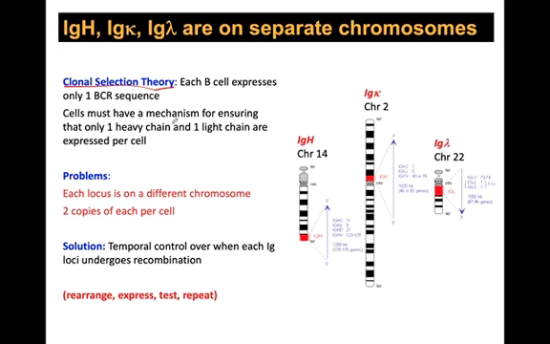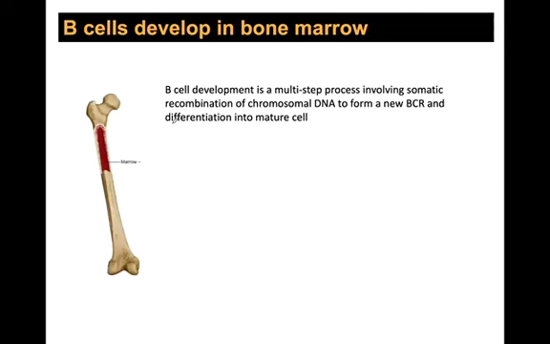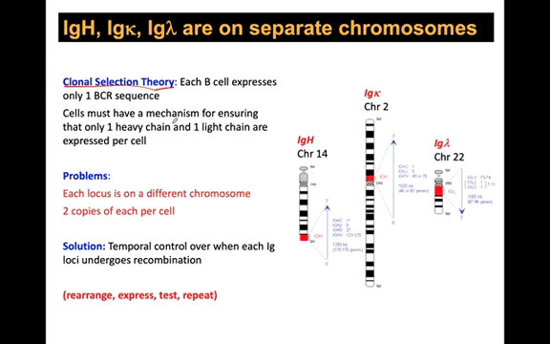But the problem is because these are all different chromosomes and you have 2 copies of each loci per cell, you actually have to have a system for testing, did I get a complete sequence? Okay, and we'll come back to that when we go through B cell development. And so the idea here is that you've got to maintain control over this. And the way that you do this is you only do one at a time.